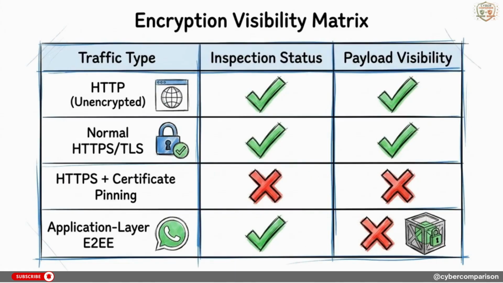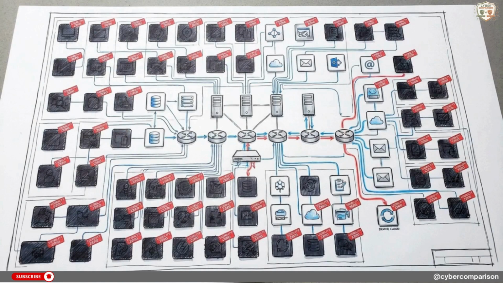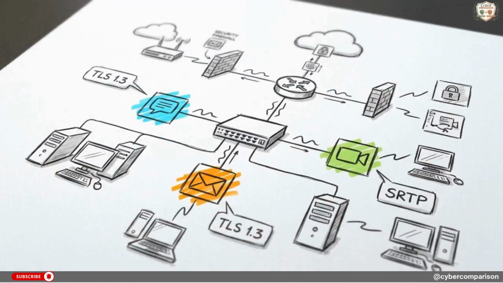With certificate pinning, substitute certificates are rejected, failing both. Under end-to-end encryption, the proxy inspects TLS, but the payload remains encrypted, failing visibility. Applying a blanket SSL inspection policy across the entire organization accomplishes very little, until you map the specific protocol limitations of the applications your employees use.